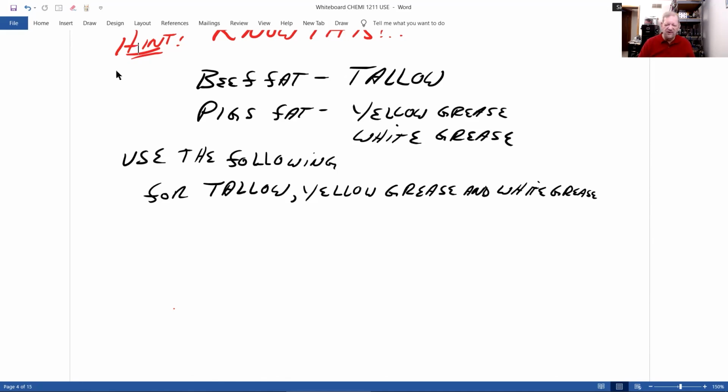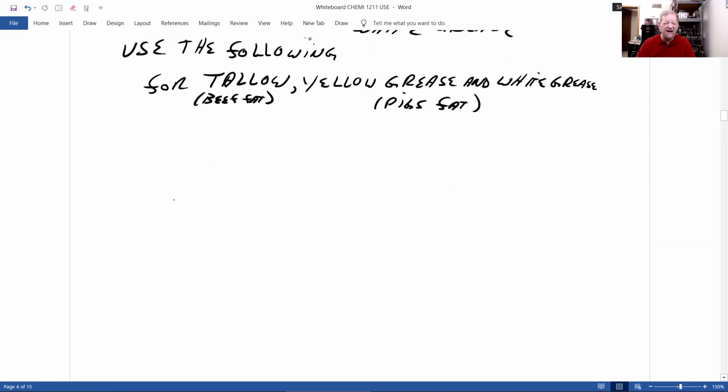And for tallow, yellow grease, white grease, remember tallow is beef fat, and yellow grease, white grease is pig's fat. Let's look at this triglyceride. Now I'm going to use an abbreviation for this structure.